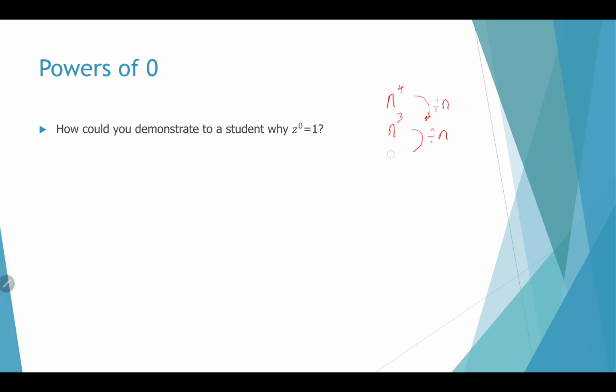Again, n is my base. I'm going to get n squared, divided by n. I'm going to get n. And then if I divide this by n, well, I get 1.